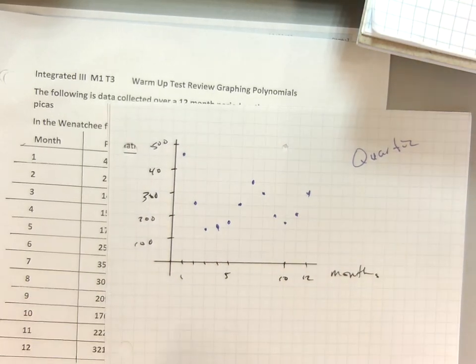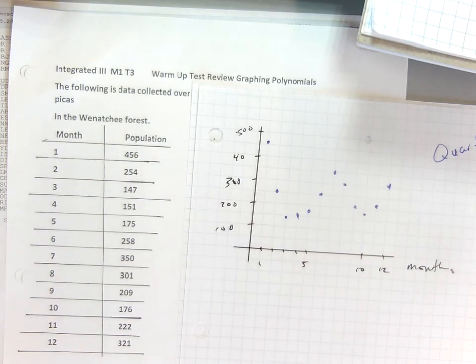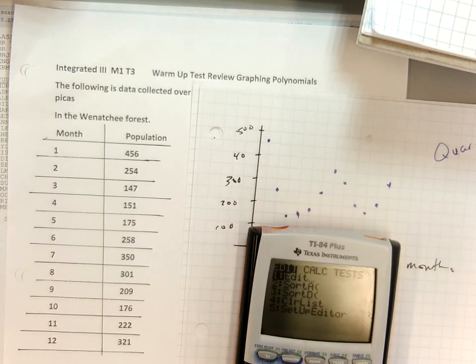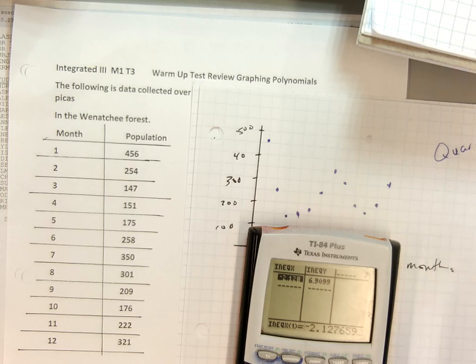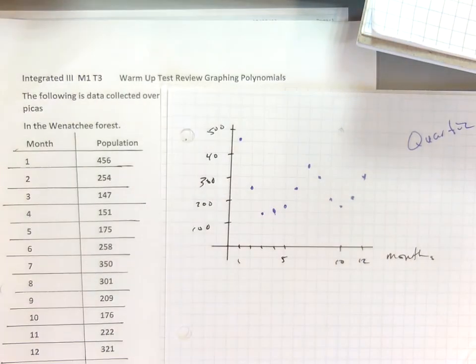So, I'm going to put these into the calculator. I go to Stats, and the Stat button is there. I'm going to Edit, and what the heck? Don't know what's going on in this calculator. Grab a different calculator. Boy, that one's all messed up.